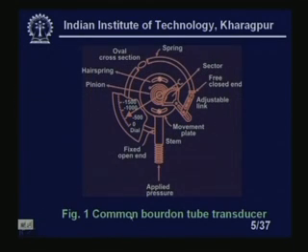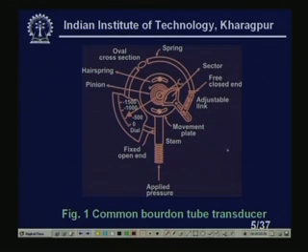Now, let us look at the Bourdon tube in detail, right. You see, this is our common Bourdon tube transducer. The cross section of this Bourdon tube transducer looks like this. Now, if the pressure increases, what will happen? It will try to become circular.